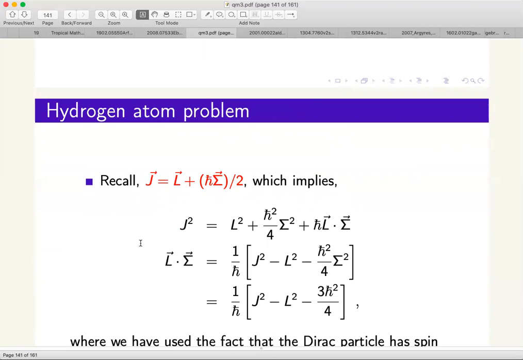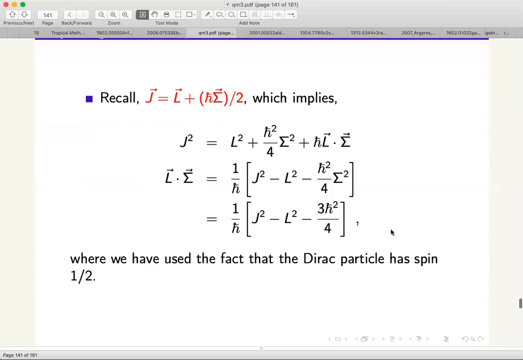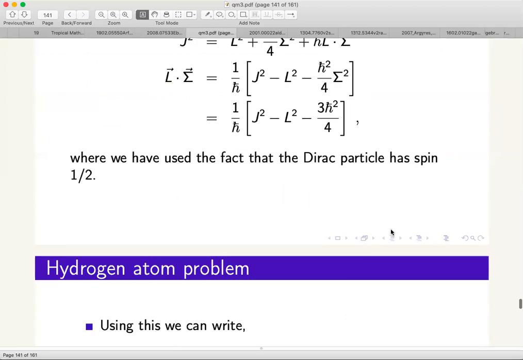Then you write down J squared equals the square of the terms on the right hand side, which contains the dot product, and then you invert it. As I said last time also, we use the fact that the eigenvalue of sigma squared by 4 was 3 by 4. That is the one which has been used here.